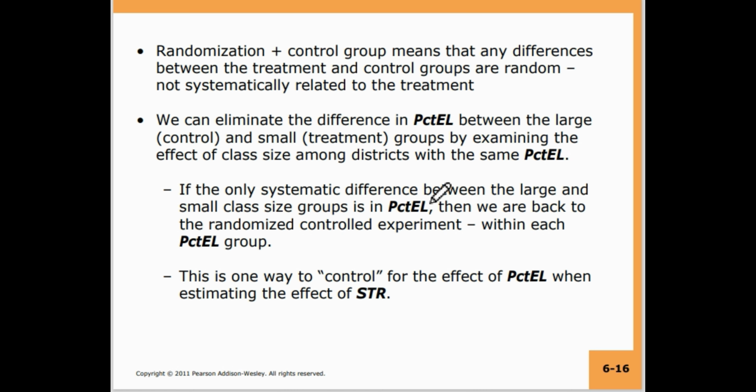If the only systematic difference between large and small class size groups is in percentage English learners, then we are back to the randomized controlled experiment within each percentage English learner group. So basically we include percentage English learners as another explanatory factor, and look at the contribution of both of these variables to the explanatory causal relationship with Y. This way we are controlling for the effect of percentage English learners.